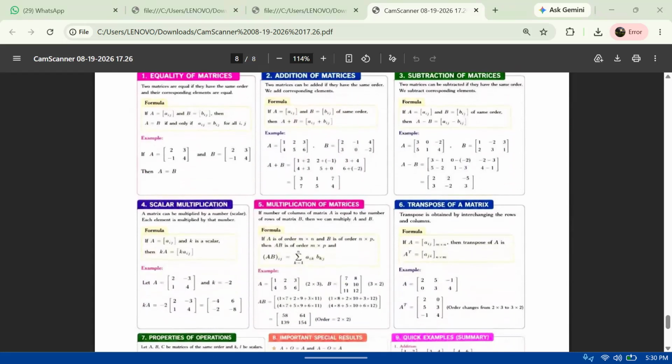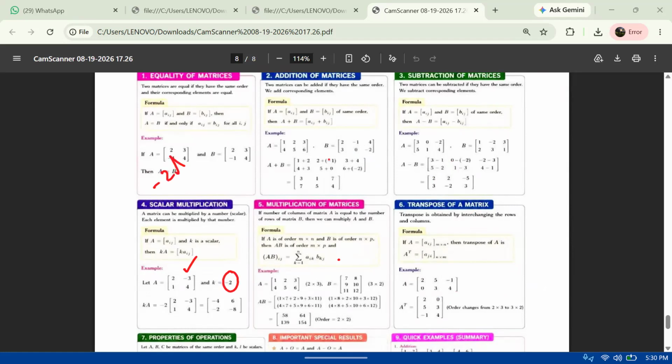Scalar multiplication means that you have the matrix A and you are multiplying it with any number, like 2A, 3A, -3A, -A, 1 over 2 A. You are multiplying the matrix with just a single number. Just look here, you have this matrix A, and you are multiplying it with -2.